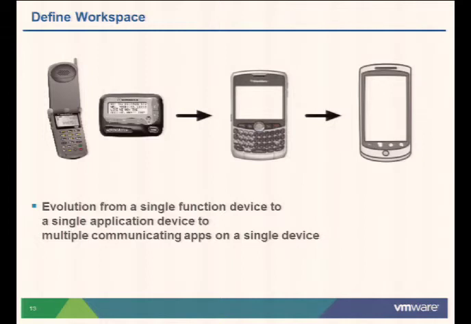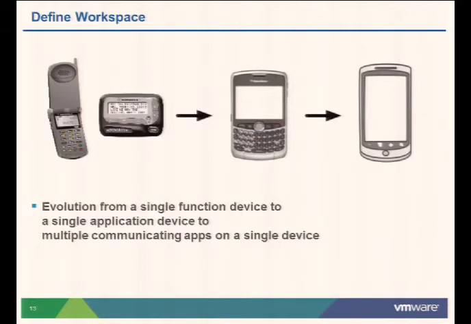A BlackBerry is a good example of that. It's one device and it runs one main application. That application has a number of features: email, voice, contacts, calendar. And that's what you live in. The vast majority of the software you ever use on it is the software that came with it the first time, and it's pretty much functional.